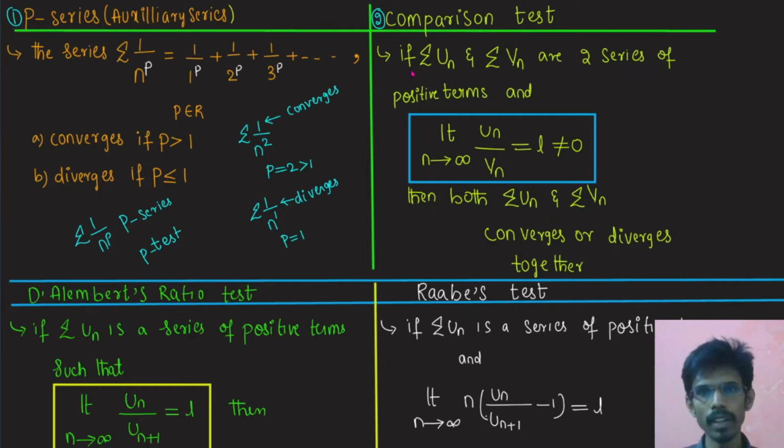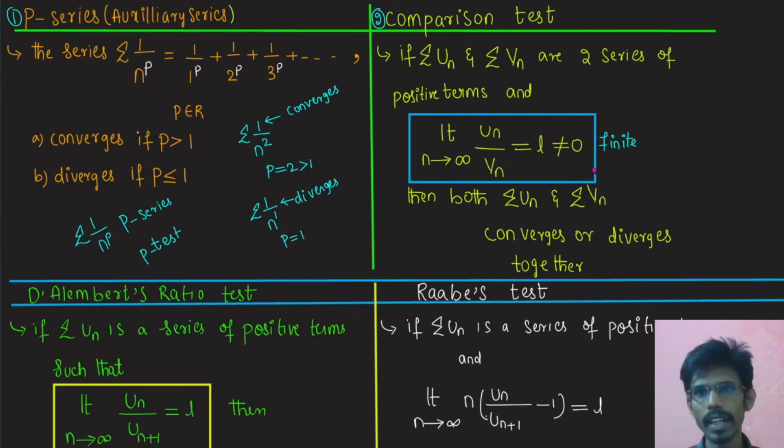If sigma un and sigma vn are two series of positive terms and the limit as n tends to infinity of un by vn is some L that is not equal to 0, that is, we take the nth term of the first series and the nth term of the second series, take the ratio, then apply the limit as n tends to infinity.